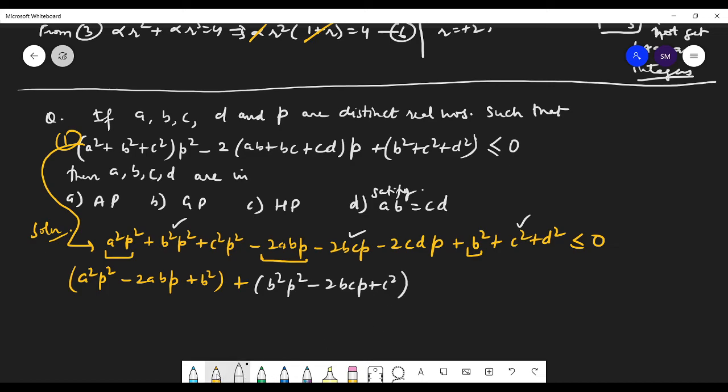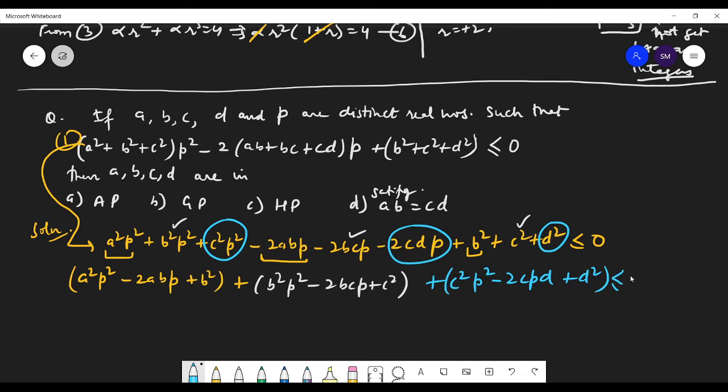This term you can take. Plus the remaining term C square P square. Yes or no?